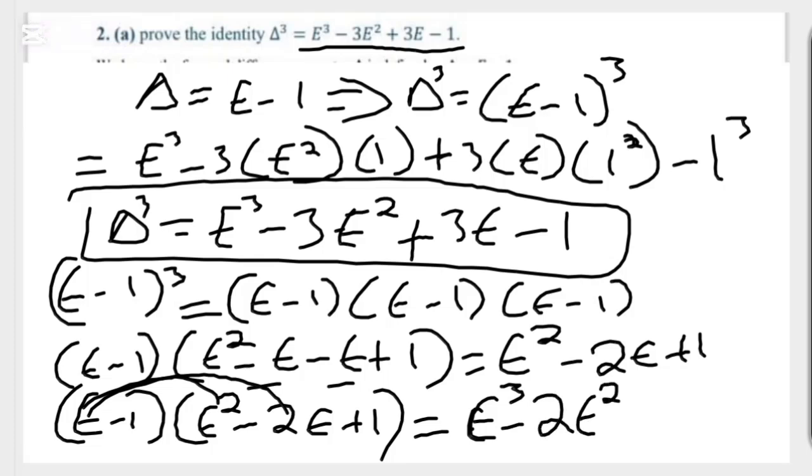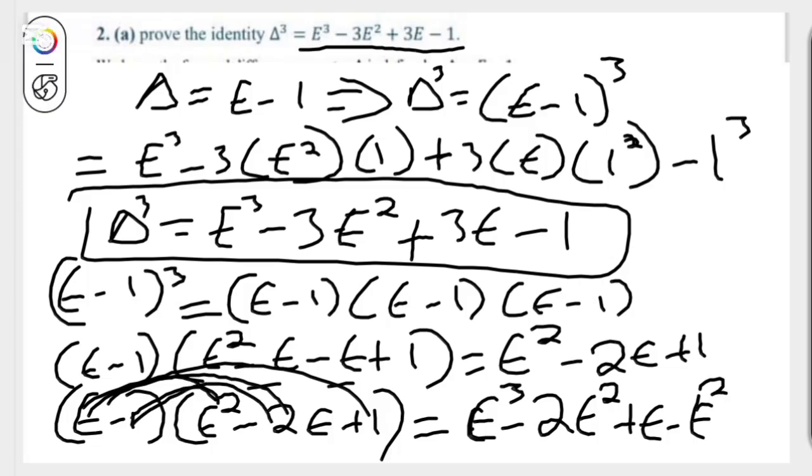And E multiplied by 1, I'll get plus E. Then negative 1 multiplied by this E squared, I'll get negative E squared. And negative 1 multiplied by negative 2E, I'll get positive 2E. And this negative 1 multiplied by this positive 1, I'll get negative 1.